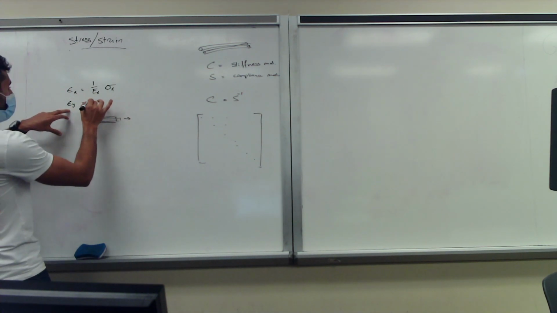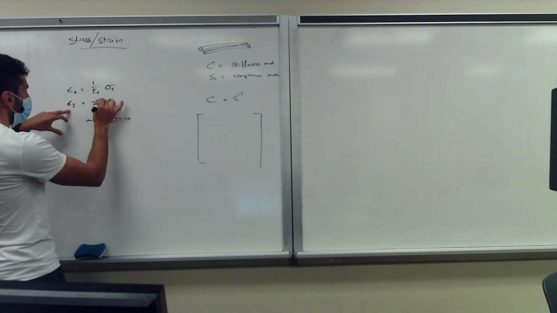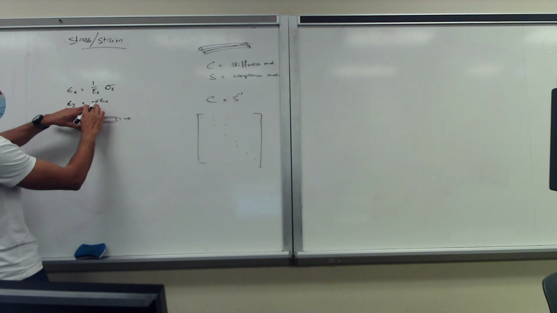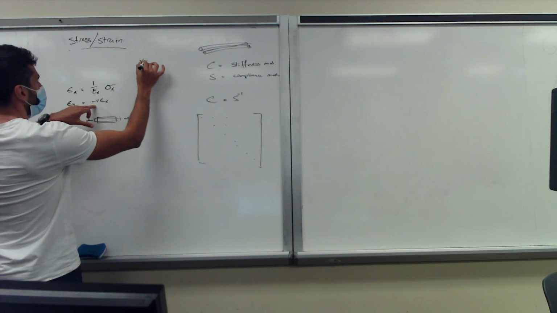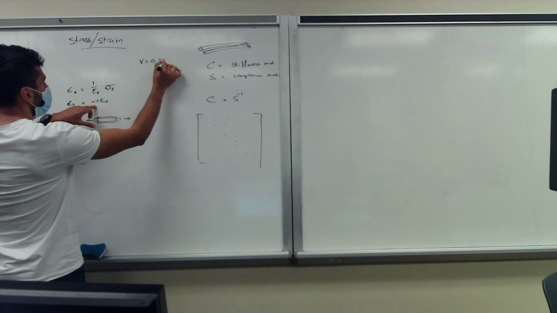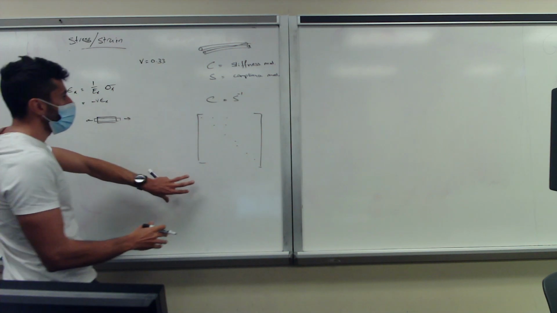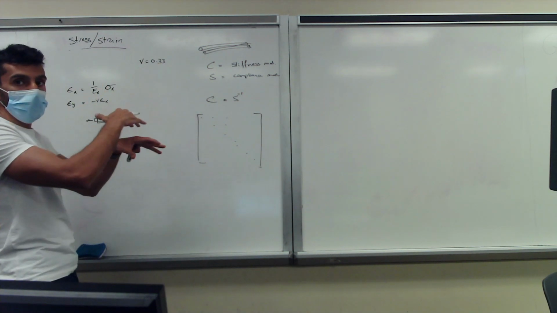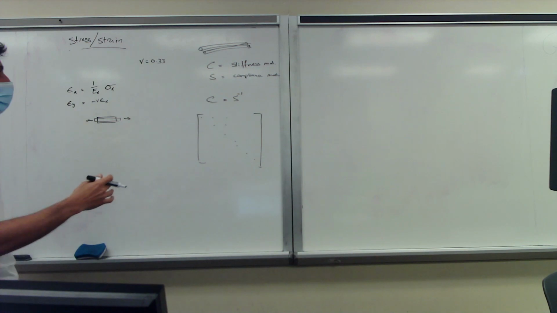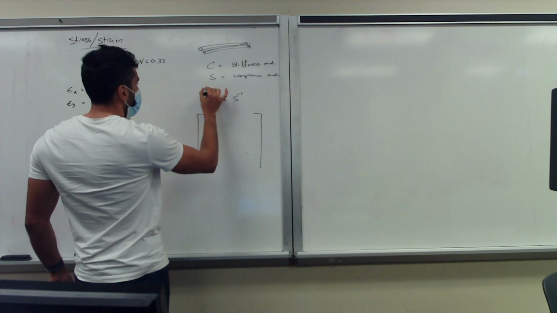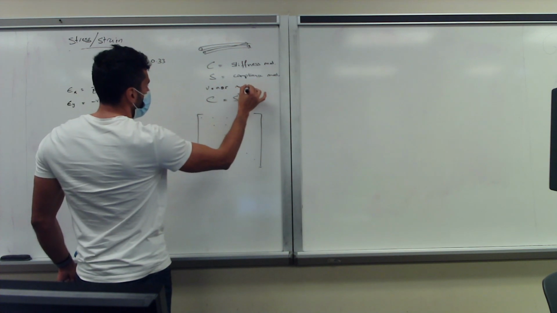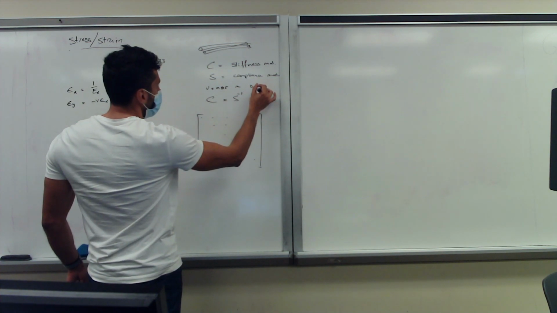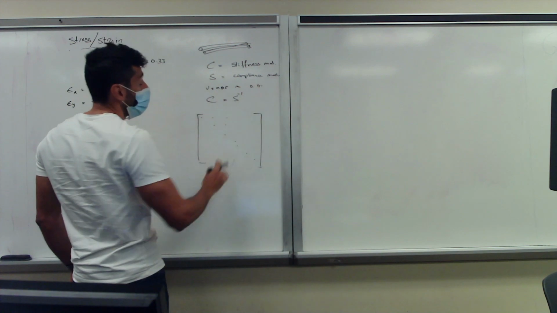And that ratio is negative, and is known as the Poisson ratio, which for metals is 0.33. For composites, it depends on your 1, 2, or 3 direction, but it can range from 0.05 all the way to 0.4 something, or even higher.